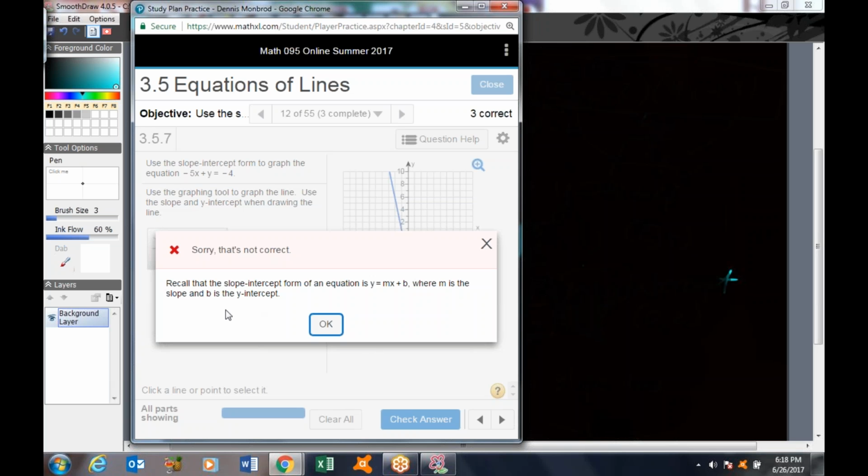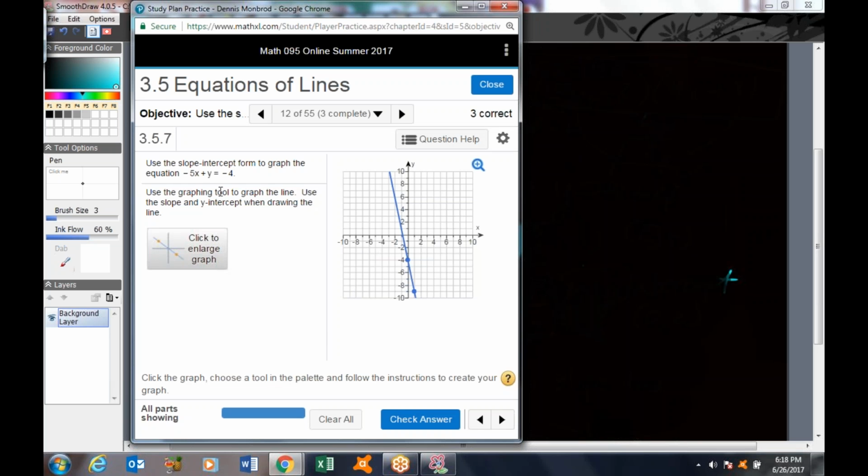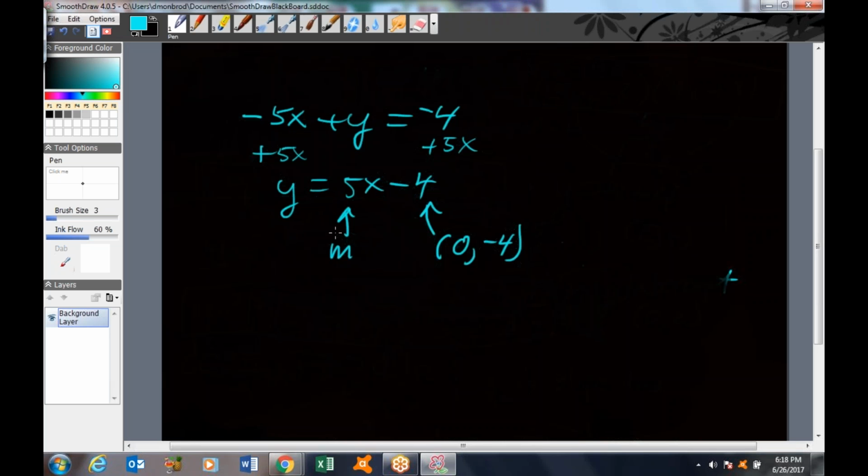Oops. Oh, look at that. What happened? Let's go back and check my work. 5x. Okay, I was using a negative 5. That's a pretty common mistake. I did the work here, but I didn't use my work.